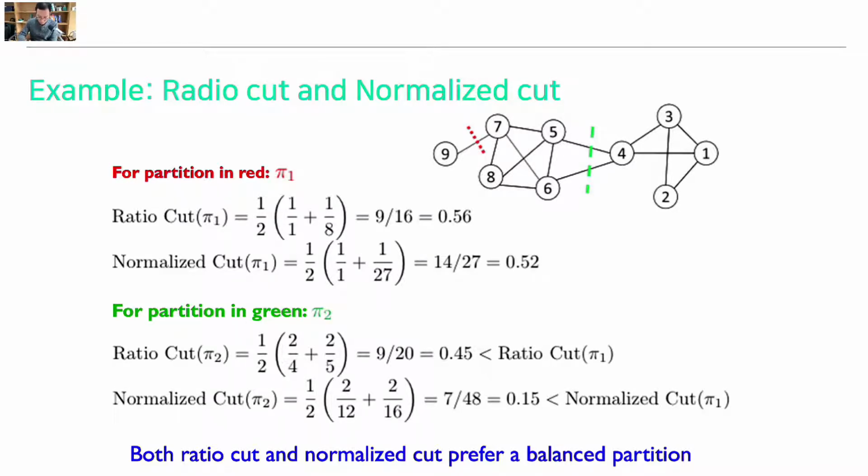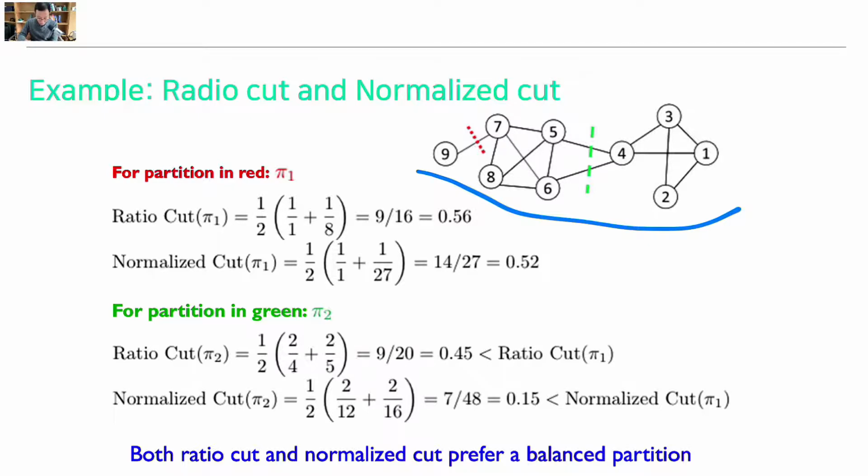From this input graph data, the first partitioning is this, with the red color, and there is a second candidate. We're considering two different partitionings. We don't think this one is good, but graph-cut-wise, this is the best partitioning.